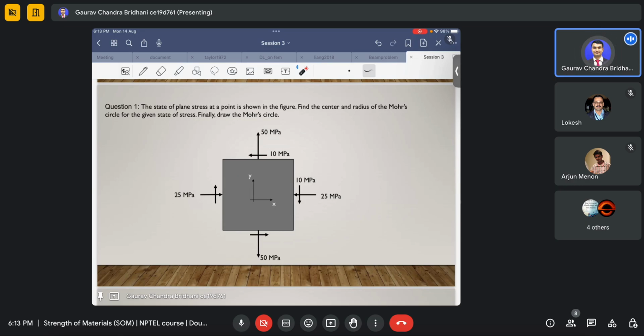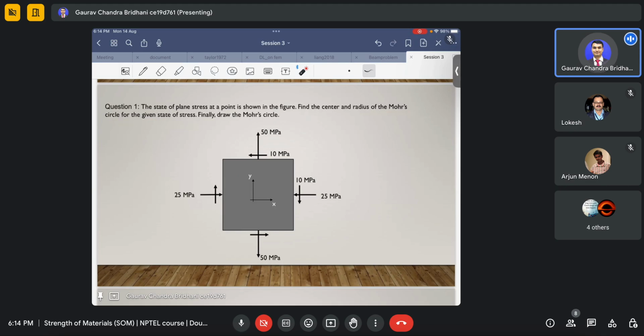The question states that the state of plane stress at a point is shown in the figure. Find the center and the radius of the Mohr circle for the given state of stress. Finally draw the Mohr circle. So we'll first find the radius as well as the center of the Mohr circle, and then we'll draw it.